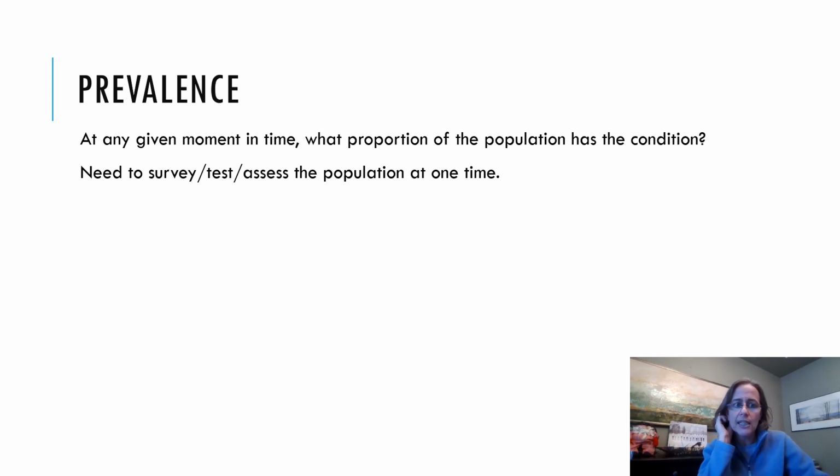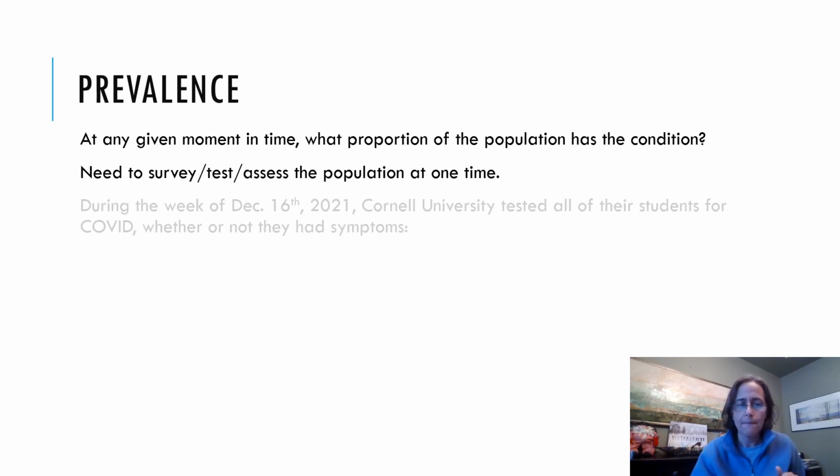So this question is, at any given moment in time, how many people actually have the condition, whether they have known it or not, right? And so in order to do this, we're going to go out and sample a whole bunch of people, whether or not they have symptoms, all at a certain time. So let's take a look at an example of prevalence data from a different college campus from last year.